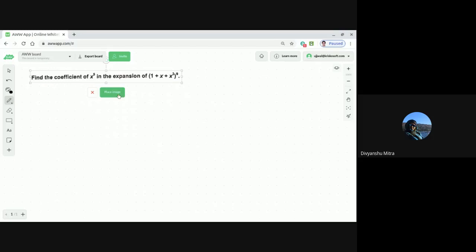Yes, sir. Okay. The first question, dear students, is: find the coefficient of x power 5 in the expansion of (1 + x + x^3) to the power 9. Is the question clear to everyone?